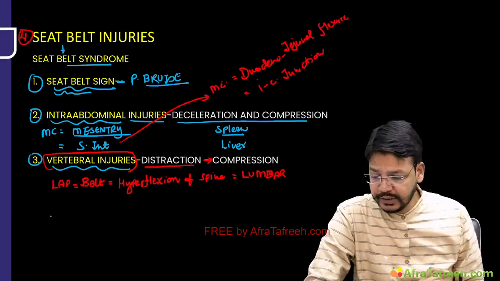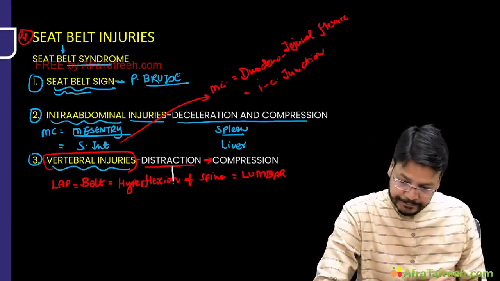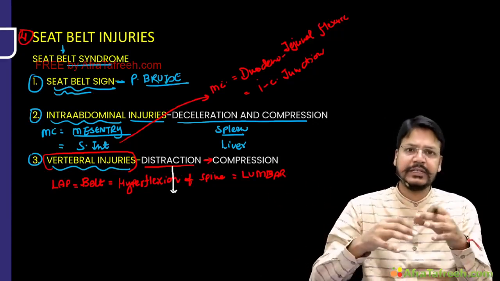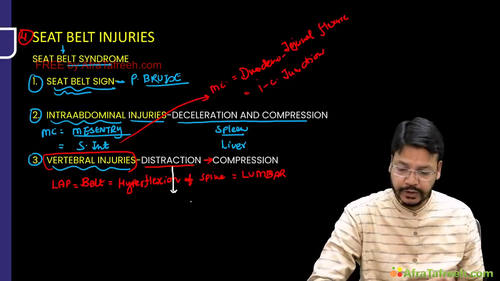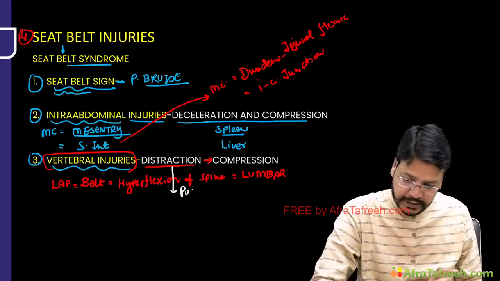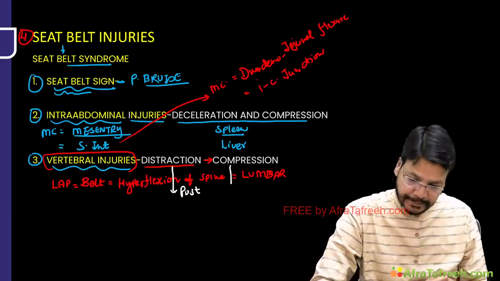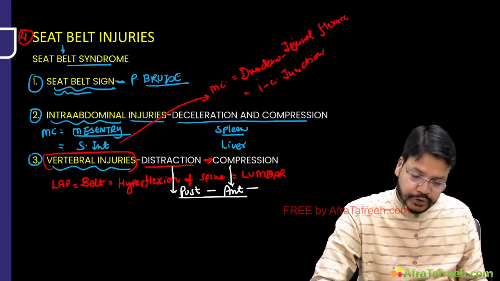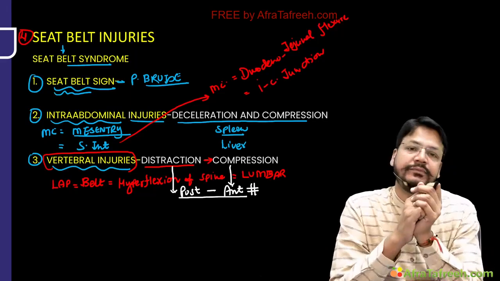Now distraction is a loosening of the joint, or you can say separation of the joint. So distraction on the posterior side and compression on the anterior side causes postero-anterior fracture.